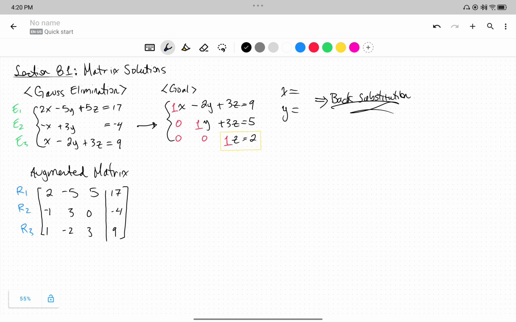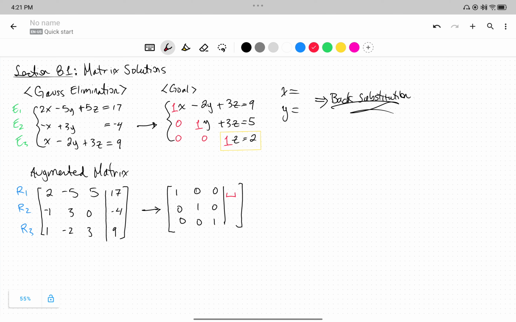As far as the goal, it still involves ones and zeros, but even more this time around. Now it's going to be 1, 0, 0, 0, 1, 0, 0, 0, 1. The good thing about this is that once we manage to get all the ones and all the zeros, you're going to be 100% done.